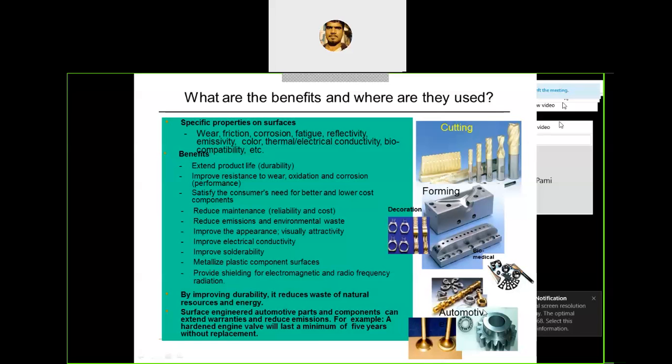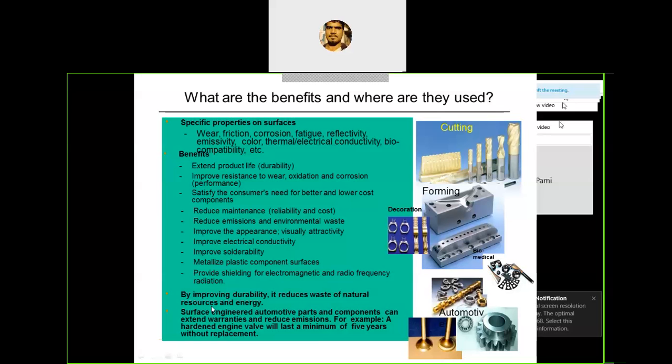Here also we can minimize the power consumption or the fuel consumption. If the fuel consumption reduces, what happens? The efficiency increases, and for 1 liter, if you get 50 kilometers, it will increase to 70 to 80 kilometers. So this is the advantage if you use surface engineering in automobiles.